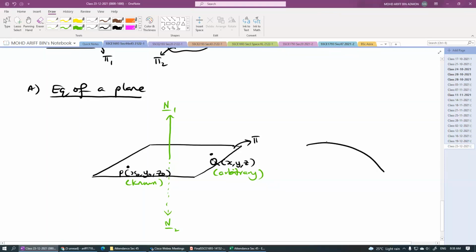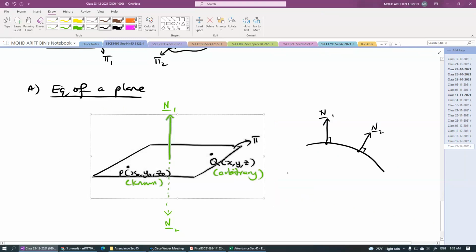The normal vector here must be perpendicular at this point, and the same goes here. In the case of a curved surface, you have different normal vectors, but I am not focusing on that situation. I am just referring to a flat plane, so we focus on just one normal vector.